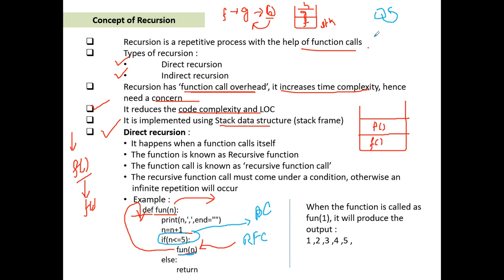And as I have already said, for each function call some amount of memory space will be occupied from our RAM. So if this function calls itself repeatedly and infinitely, then infinite memory will be allocated. Now our RAM is not infinite, na? RAM is finite.